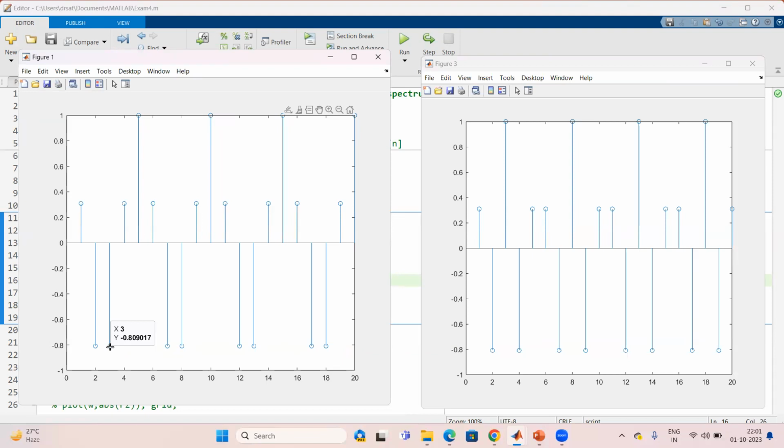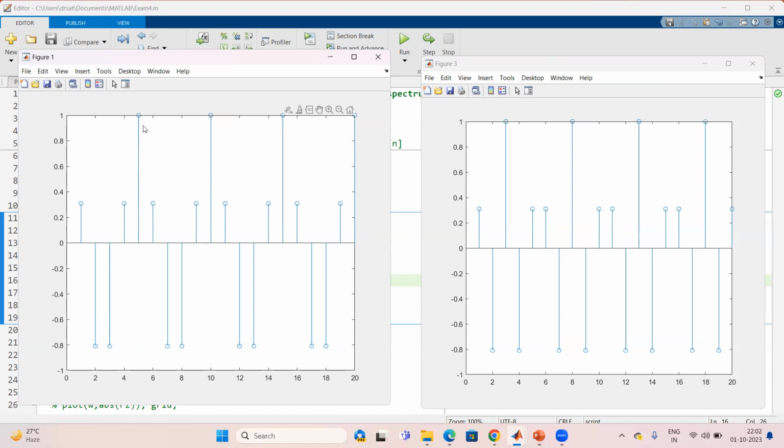You can see this sample, minus 0.8090, has been retained. Now again the next sample will be skipped, and then this sample will be retained. You can see it here, it is retained, right?